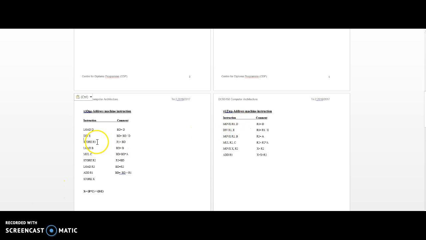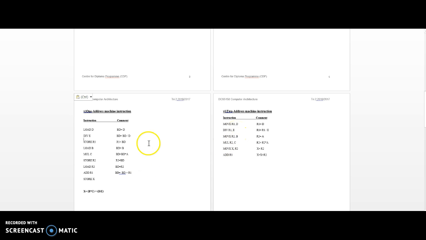According to our previous one address, we have store R1, which is our D divided by E. Same thing right here, you write move R1, D, and divide R1, E.